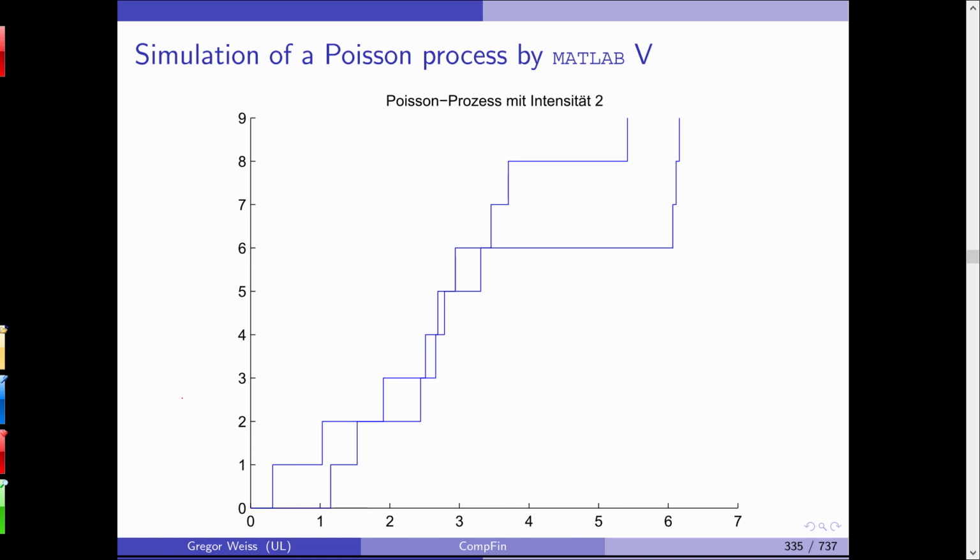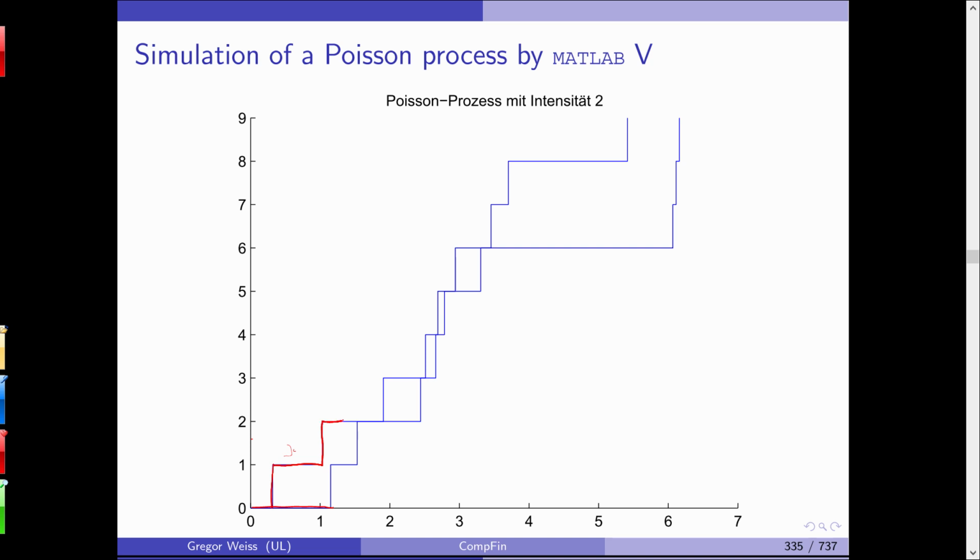And these here are two paths of the Poisson process with intensity 2. You can see that actually the step is always 1 up, and the only thing that is different here is that we have to wait.